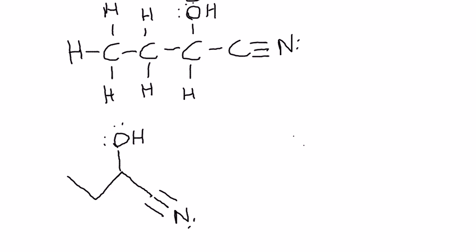So this is your shorthanded Lewis structure, and it's a lot more condensed, and that's because each carbon from your normal Lewis structure becomes a point. And I'll just draw these similarities.